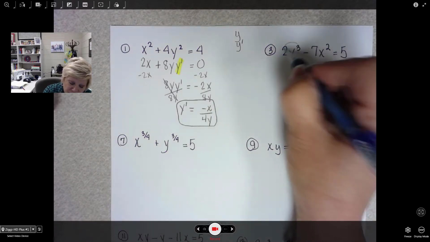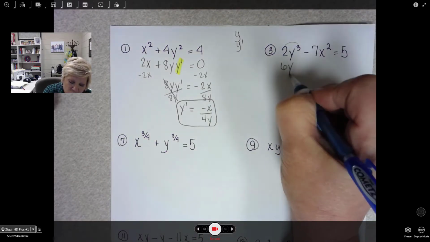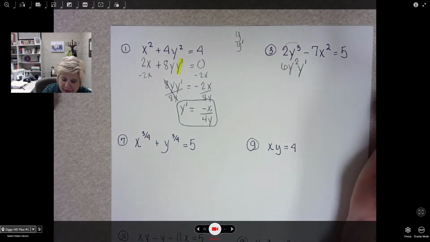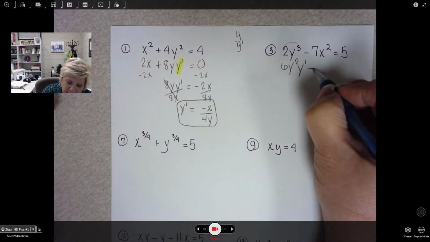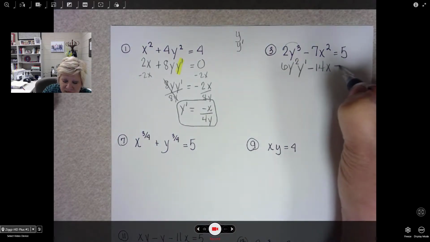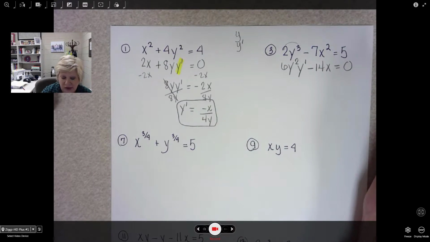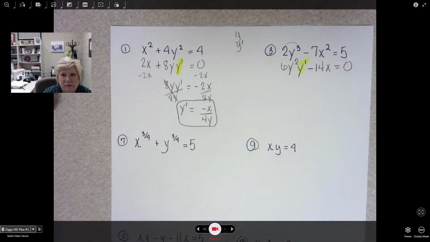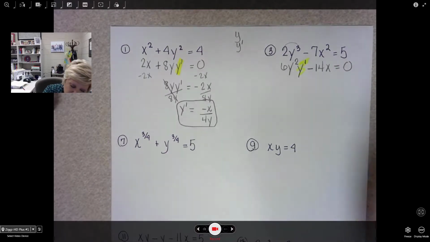3 times 2 is 6y squared, but it's a y term, so plug in that y prime. Minus 2 times 7 is 14x. Derivative of a constant is 0. So again, we need to solve for y prime. Get it by itself.